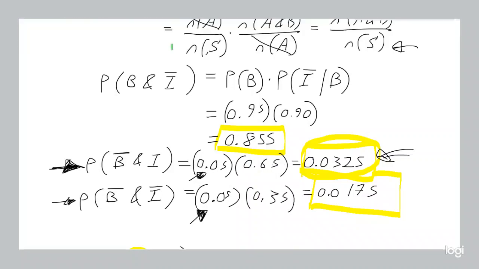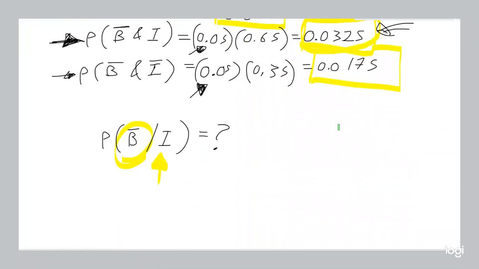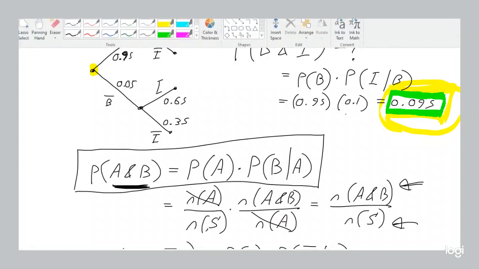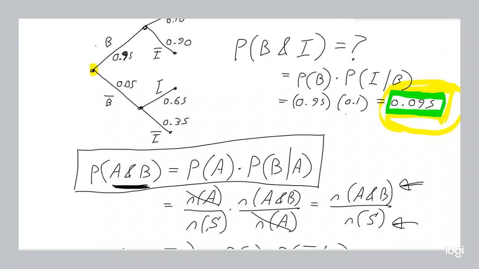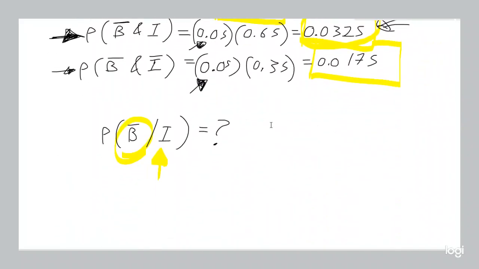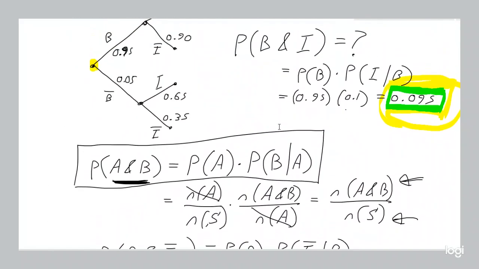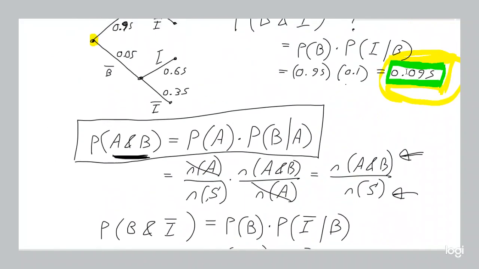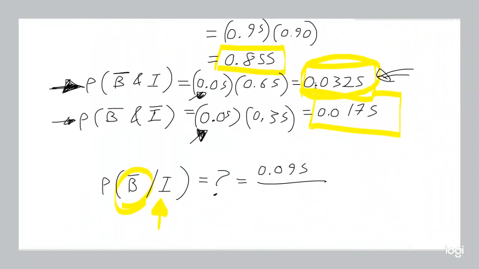Of those, which corresponds to a seatbelt being worn? This one right here. So it's going to be this out of the total portion that corresponds to an injury occurring. So we have 0.095 divided by 0.095, which is injury with belt, plus 0.0325, which is injury with no belt.